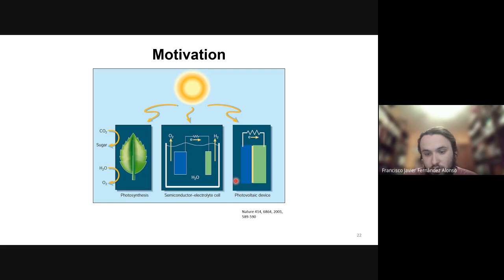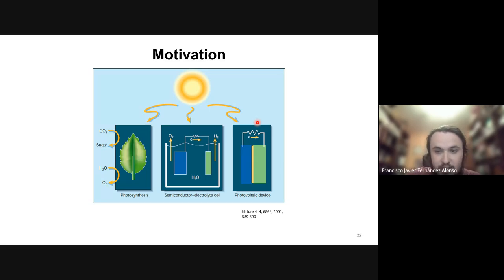Also, we have photovoltaic devices that consist of a p-n junction, and when they are illuminated, a current can flow. However, they have the main disadvantage that this electricity can't be stored without using additional instrumentation such as batteries or supercapacitors.